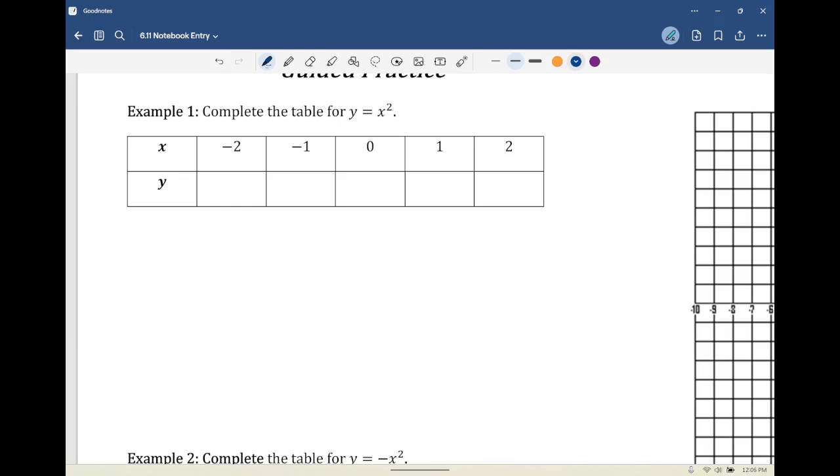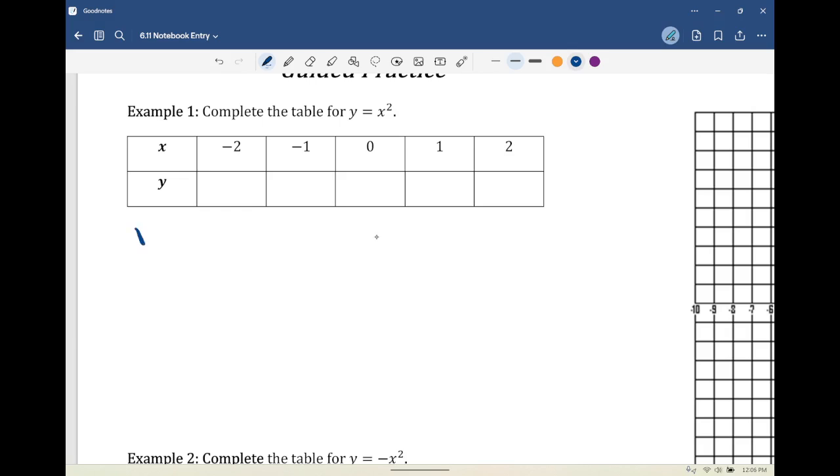So what do I do with those x values to find y? Not quite multiply or divide. I square them. If it says y equals x squared and I have a bunch of x values, I'm going to square each value, right? It's substitution. It's the same thing that we would normally do.